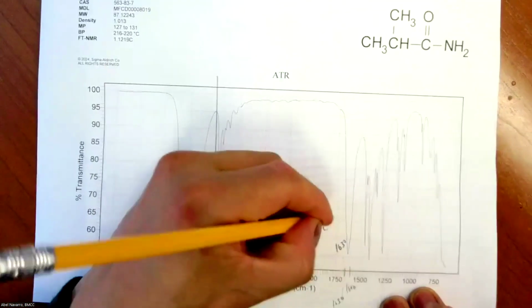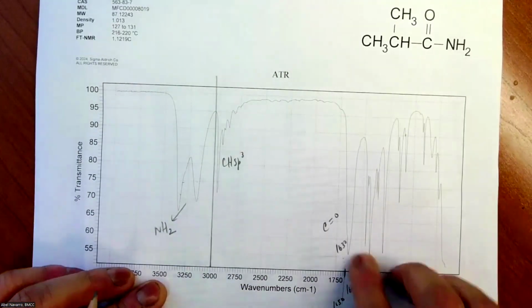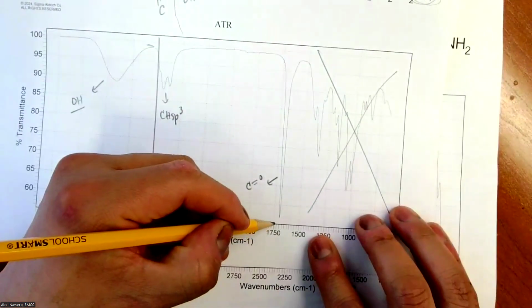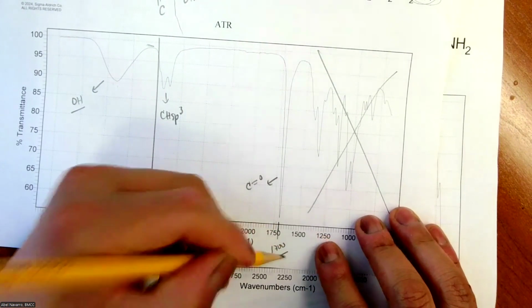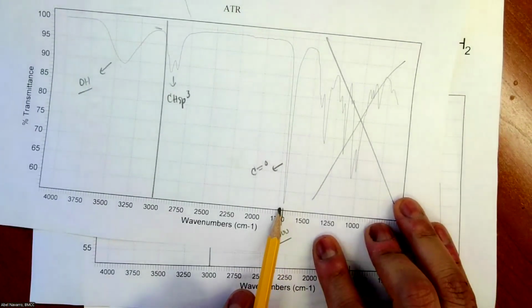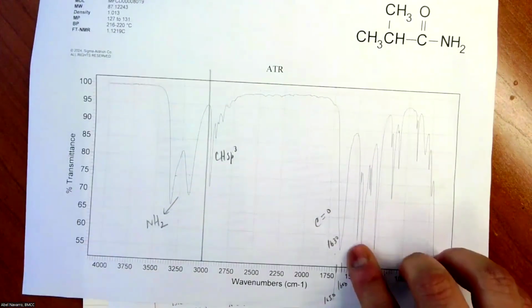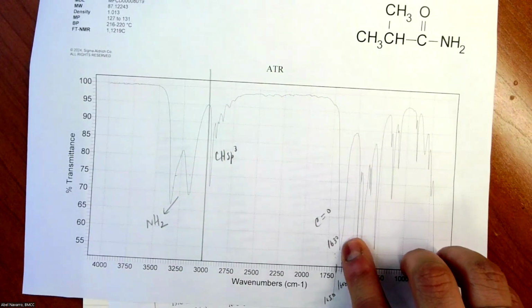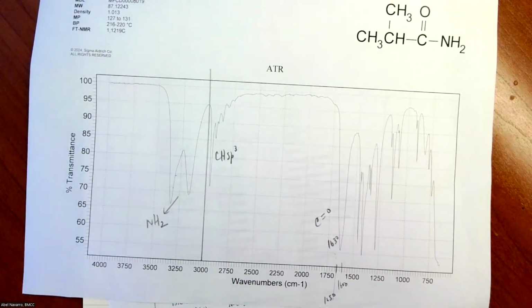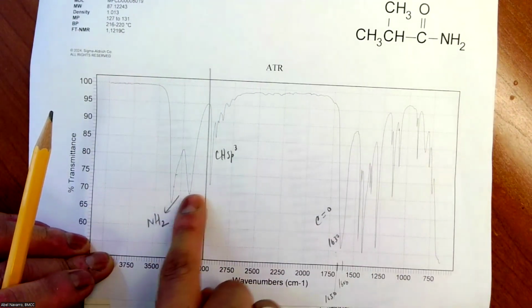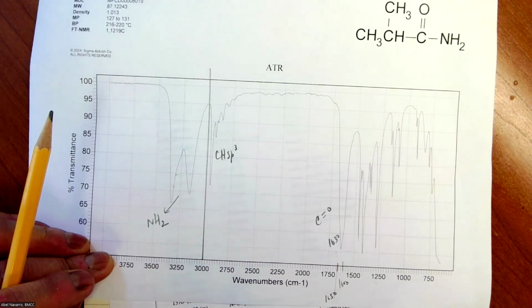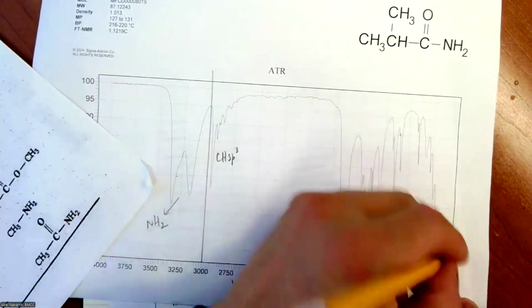Okay, that's a C double O. It is slightly lower compared to the ketone, which is more 1750, 1700. This one is more 1700, and that's more 1630. So that's an amide. Okay, so amides will look like that, C double O, amide. CH sp3, and that's the fingerprint region.